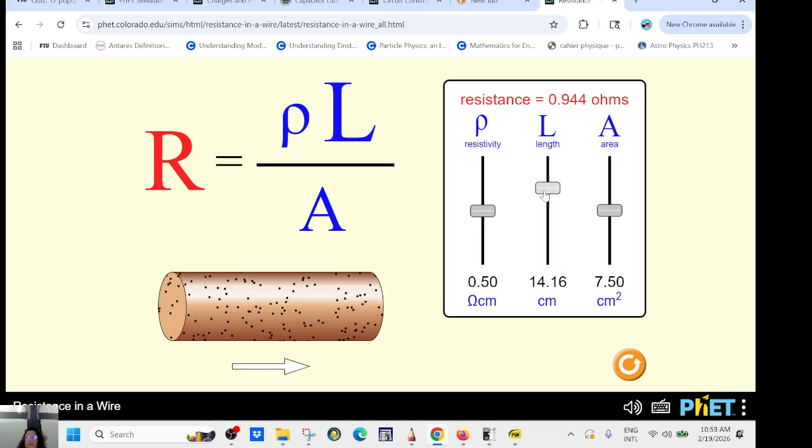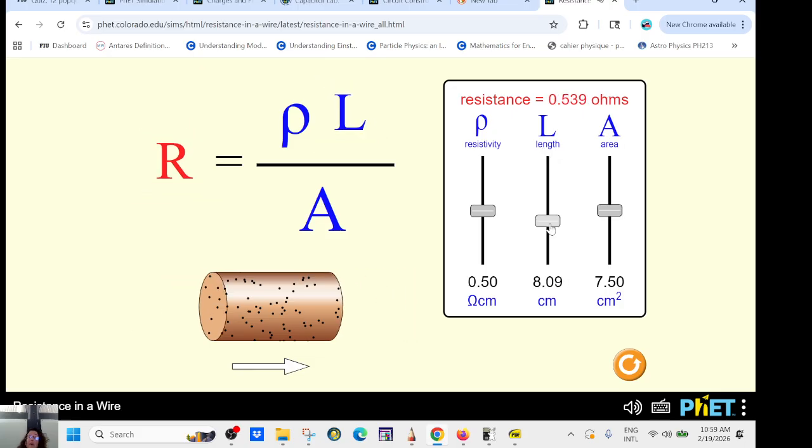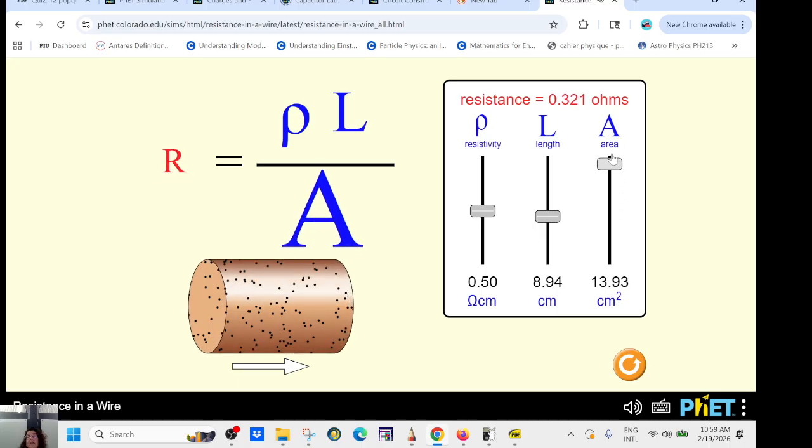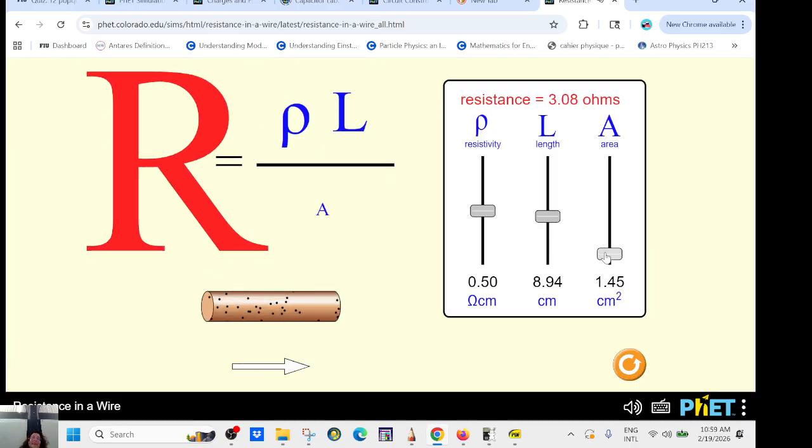If you increase the length, you increase the resistance, make it harder to go through. Decrease the length, decrease the resistance. Increase the area. You see, it's like you make the pipe wider, you decrease the resistance. So if you have connecting wires, wider is better because you're not going to lose that much energy to heat. Okay, so resistance turns energy to heat. Decrease the area, boom.